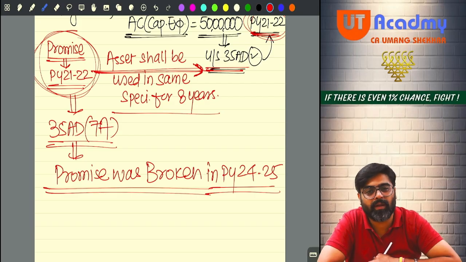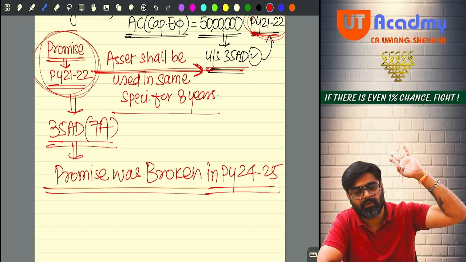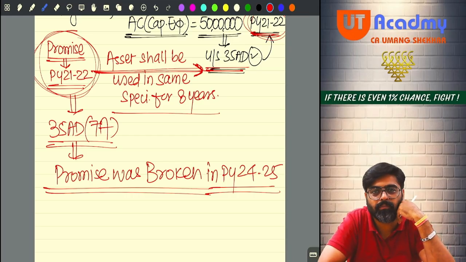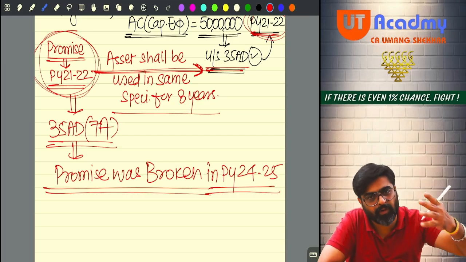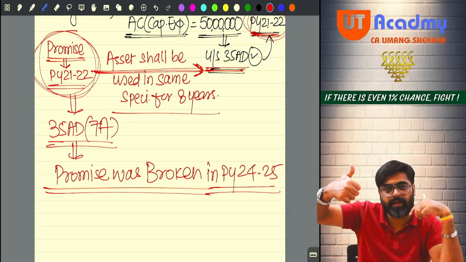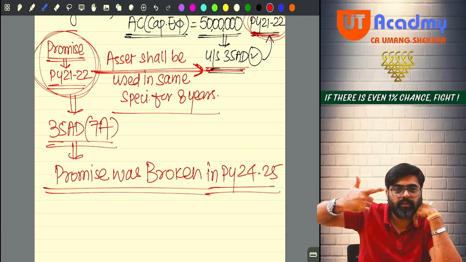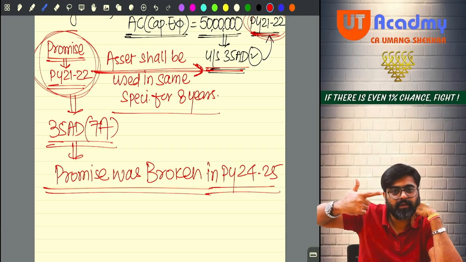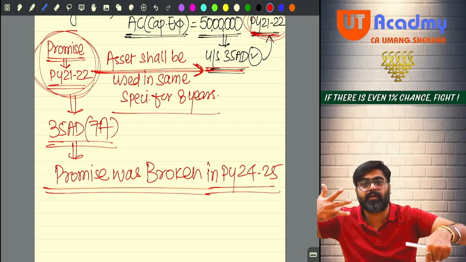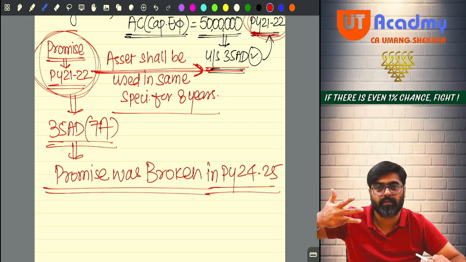It cannot be broken in 2033-34 because by that time the asset is already used for 8 years or more. But within 8 years, can I say 21-22 first year, second year is 22-23, third year is 23-24. After 3 years, in the fourth year, 24-25, the promise is broken.